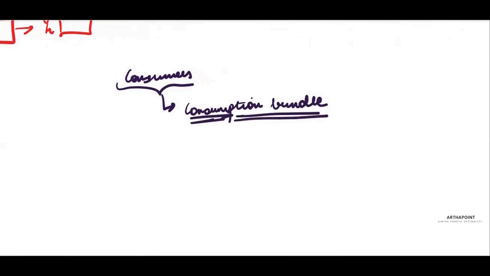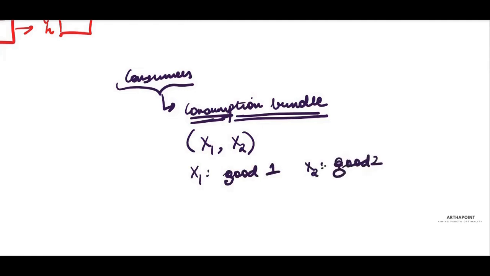What is a consumption bundle really? A consumption bundle is two goods, good 1 and good 2. It tells us how much I am consuming of good 1 and how much of good 2. So I am consuming X1 units of good 1 and X2 units of good 2. This is my consumption bundle.